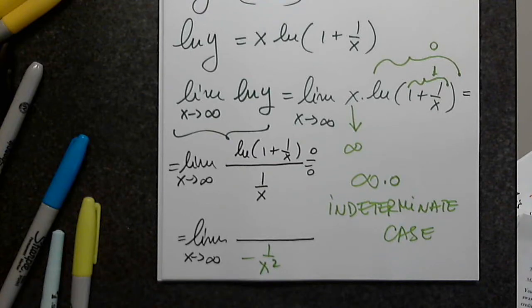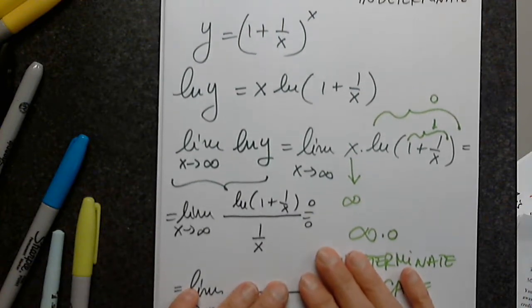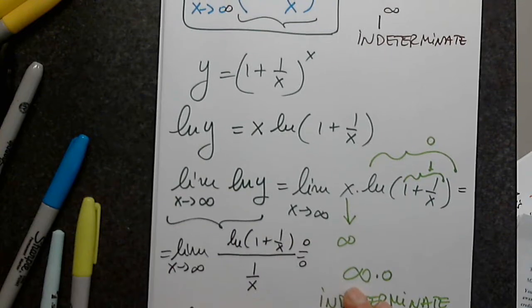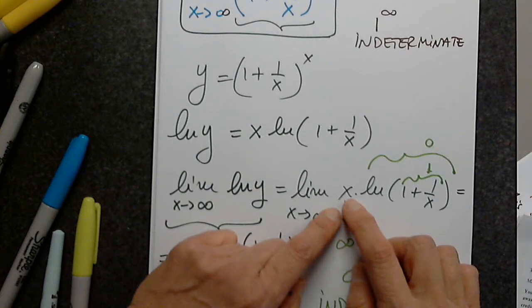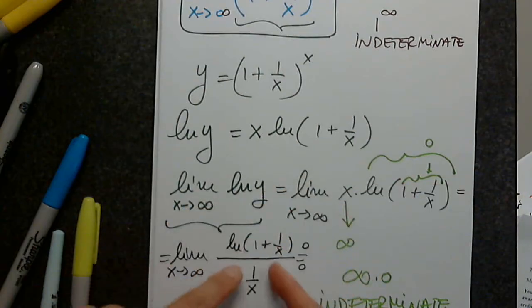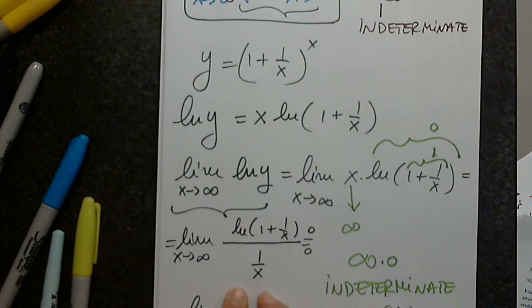Sorry, I missed how we got to natural log of 1 over x. So how did we get from here to here? Okay. So I saw an x in front, and I said, what if I put 1 over x in the denominator?